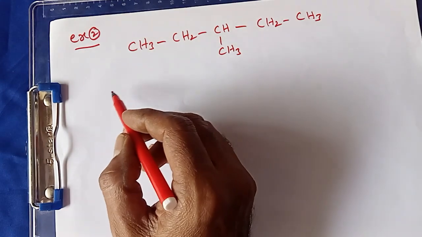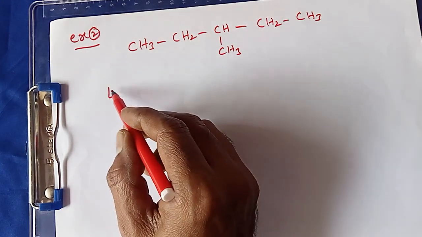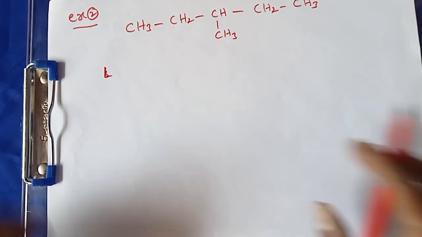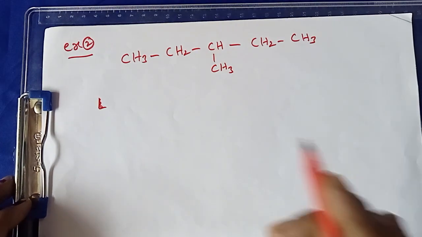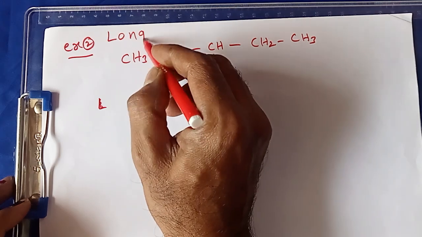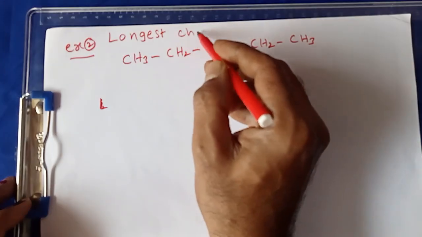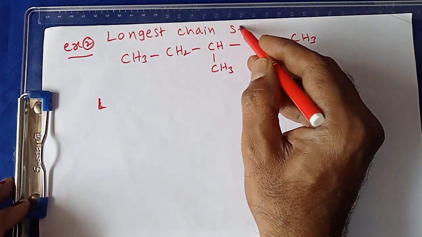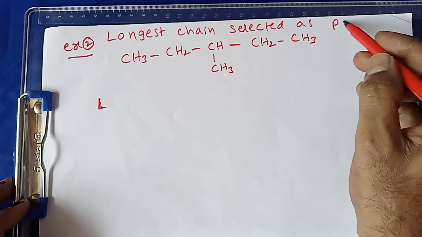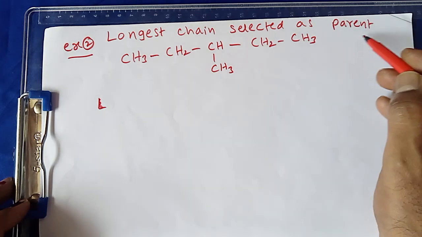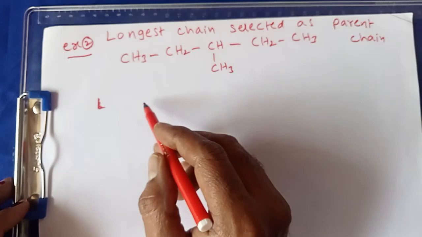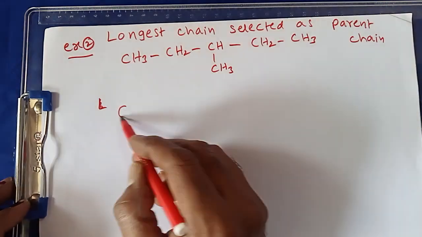Once again I write the rule here: the longest chain is selected as the parent chain, but conditions apply.